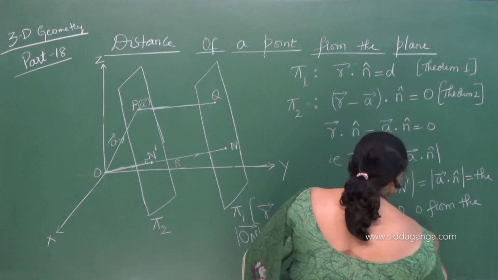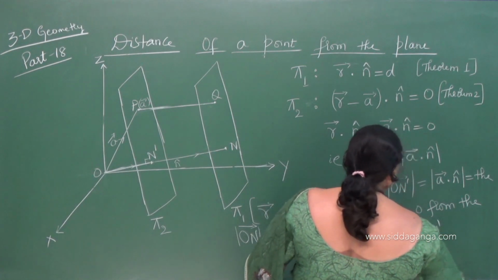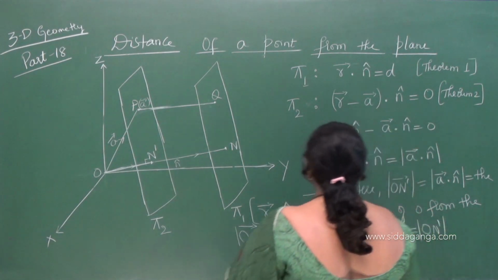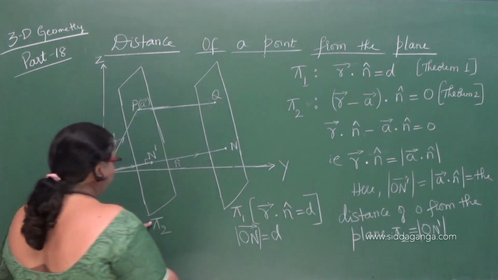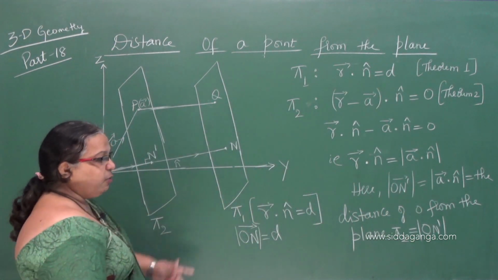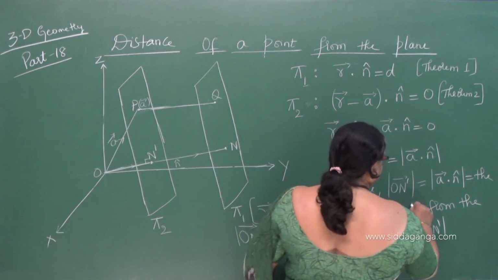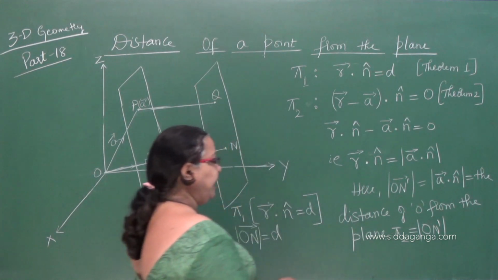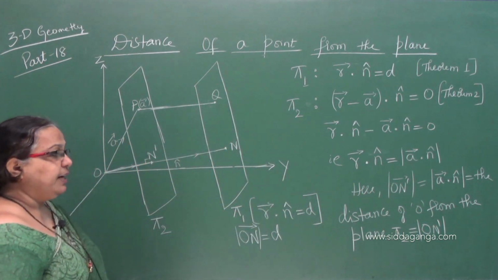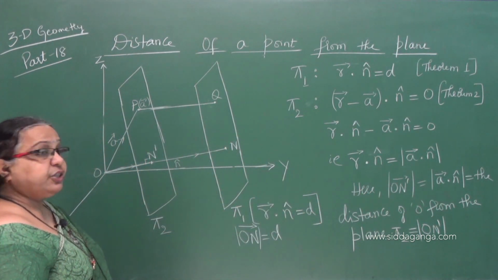So that is equal to ON dash. So the distance of the plane pi 2 from the origin, the distance of the point origin from the plane pi 2, is nothing but ON dash.